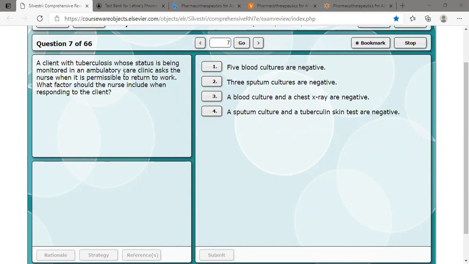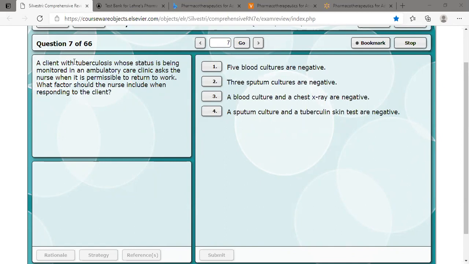But an infected person, when the infection is active, right, they are not allowed to go back to work. But when the infection subsides, latent or inactive, they are allowed to go to the job. But when and how, we understand, right?